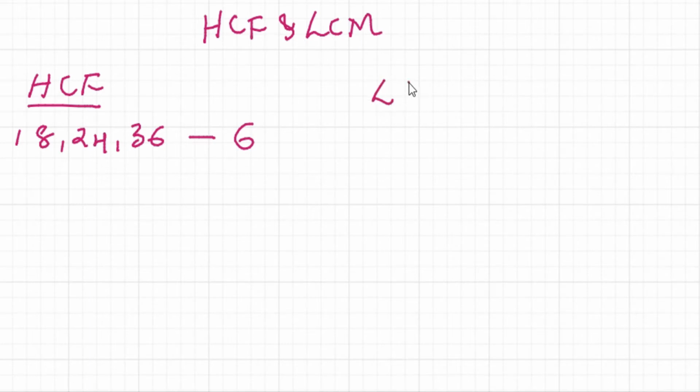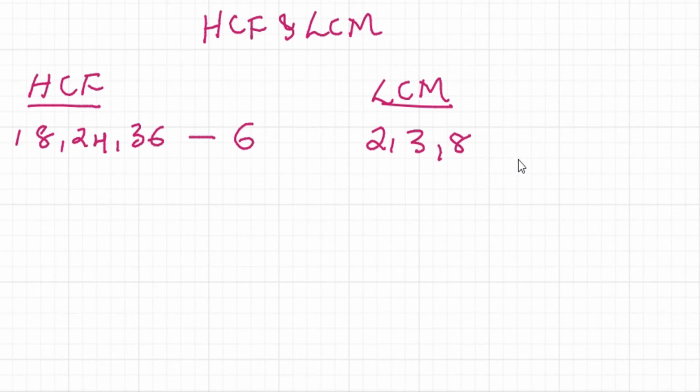Now moving on to LCM. LCM, which is the least common multiple. So least common multiple of two or more numbers is the least number which is exactly divisible by each of the given numbers. So see three numbers, 2, 3 and 8.